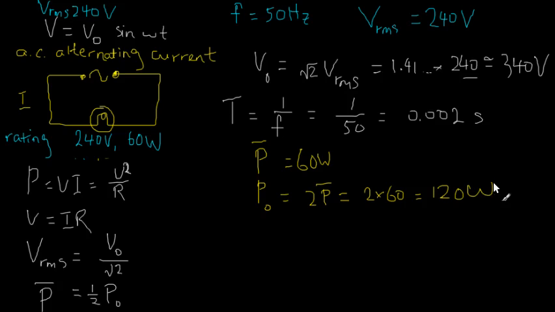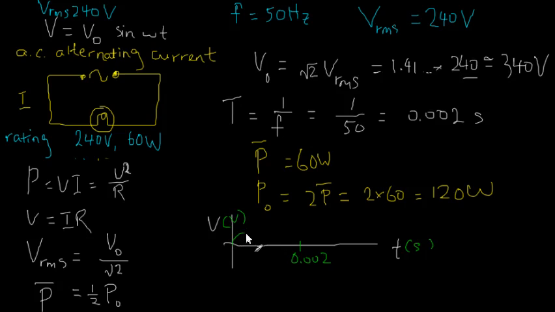Okay, so now that we have these numbers, let me sketch a graph of each of these. Let's say the voltage. I'm going to sketch a graph of the voltage against time. The period is 0.002 seconds. Voltage is in volts, and the peak voltage is 340 volts.